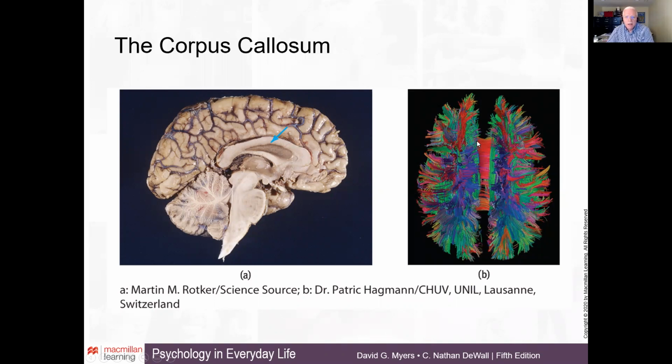Occasionally, the corpus callosum is severed intentionally through surgery as a way of controlling epileptic seizures. If someone experiences epilepsy, there's kind of an electrical storm that occurs in one area of the brain, and then it can spread and be transferred from one hemisphere to the other.